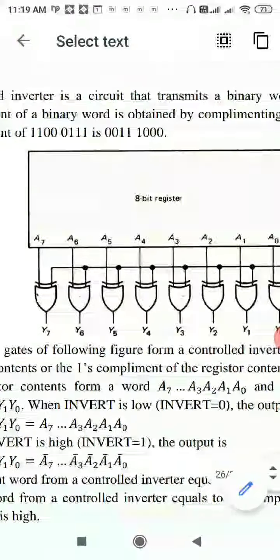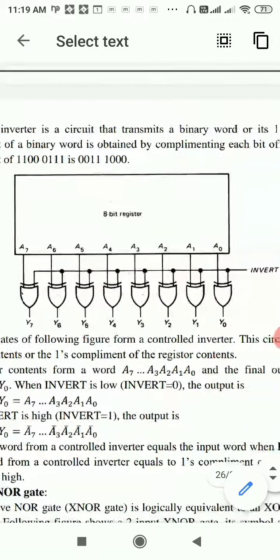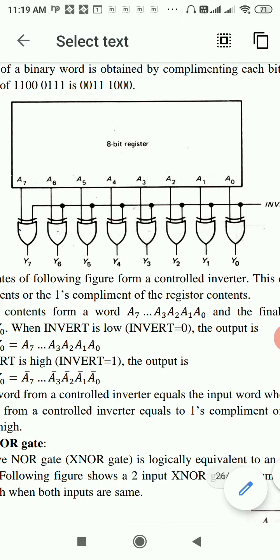Now the circuit of controlled inverter is shown in this figure. This figure shows an 8-bit register which produces 8 bits from A0, A1, A2, A3, A4 up to A7. And these 8 bits are given to these 8 XOR gates, and output of XOR gates is represented as Y0, Y1, Y2, Y3 up to Y7.